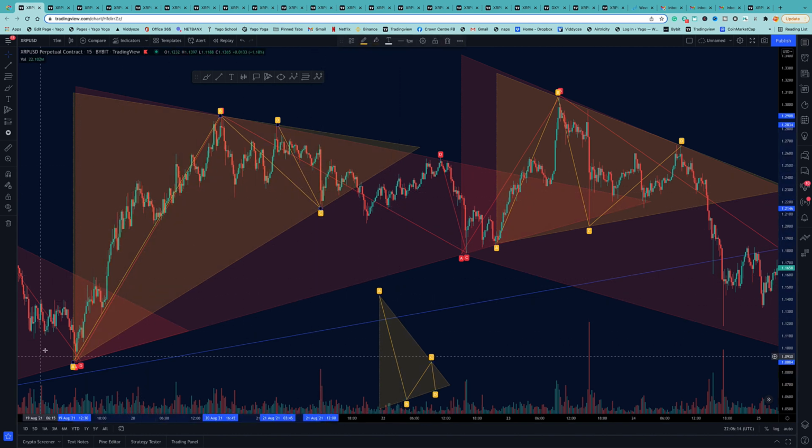These ones are tricky. See this here? These ones are tricky, but there's still a wave there. Sometimes I wonder, do I put in a bull flag here? But it's too messy to do.